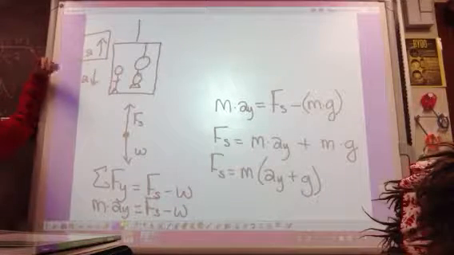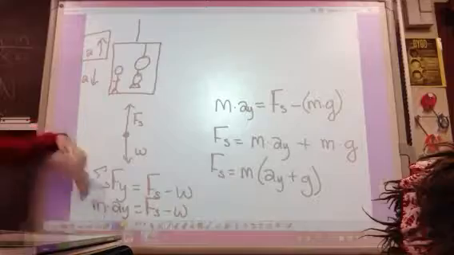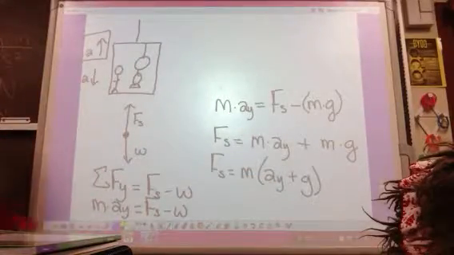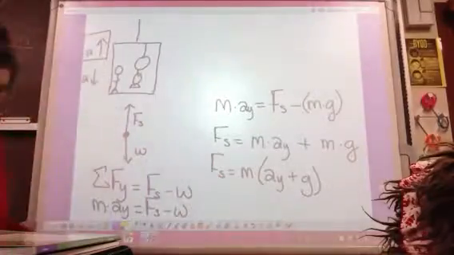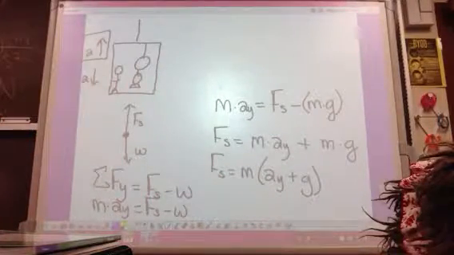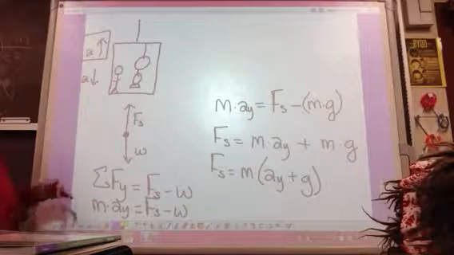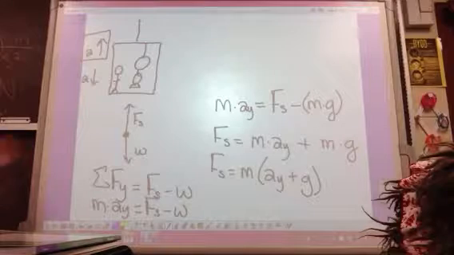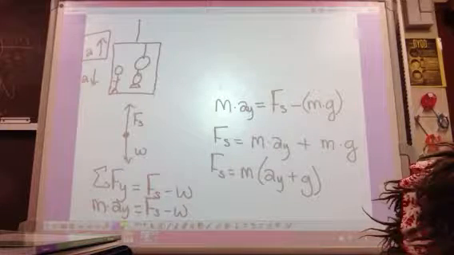Let's say that the acceleration is directed downward. That would make this acceleration a negative value. And if this were a negative value, then that means that the scale is going to read less than the weight of the fish. Now we know the actual weight of the fish isn't changing, but it's just because of this change in acceleration that we see something different on the scale.